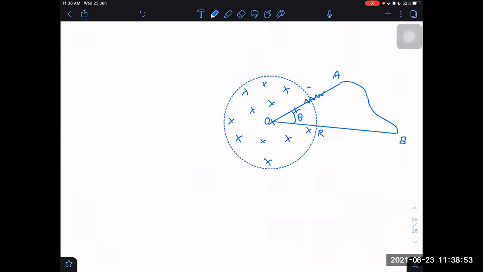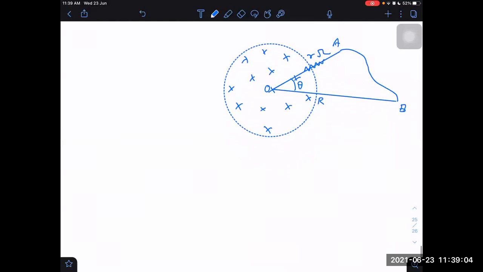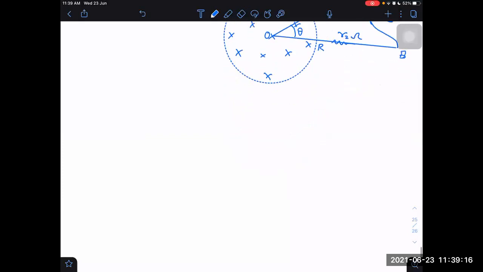So let us say it has R1 ohm and R2 ohm, and AB also has its resistance, that is R3 ohm. There are 3 resistances. First, to make the equivalent diagram.